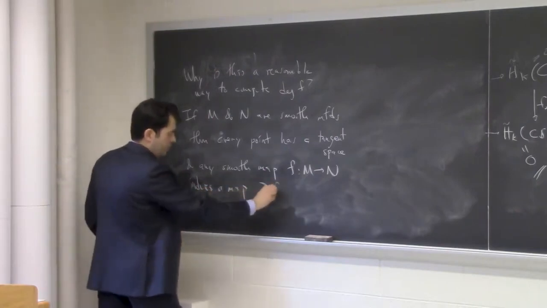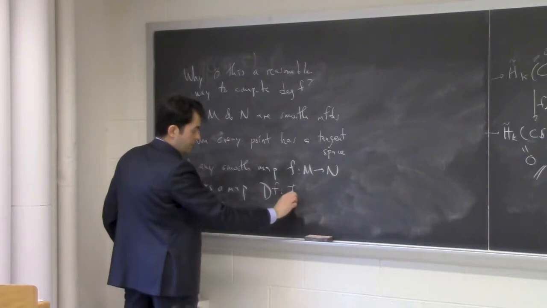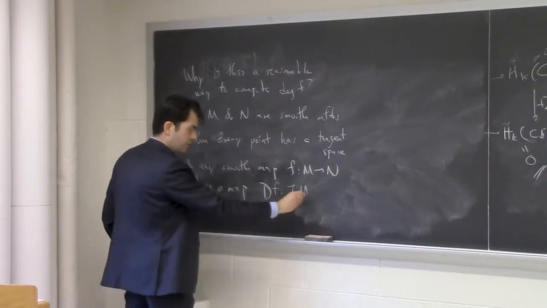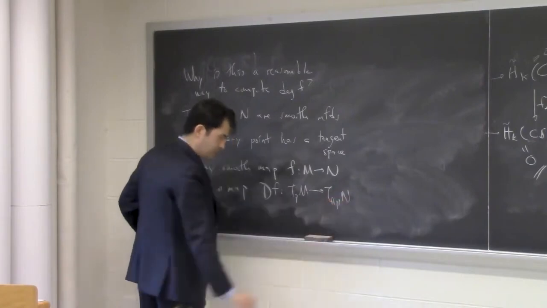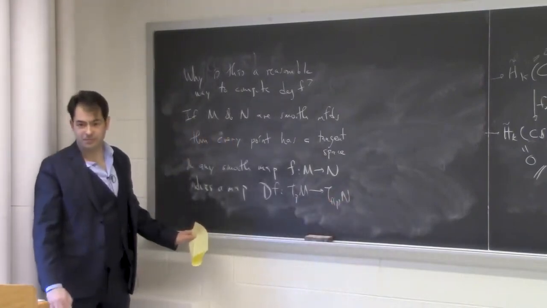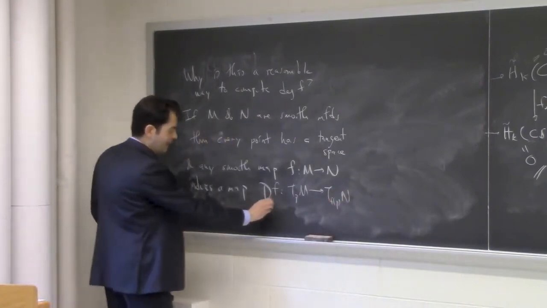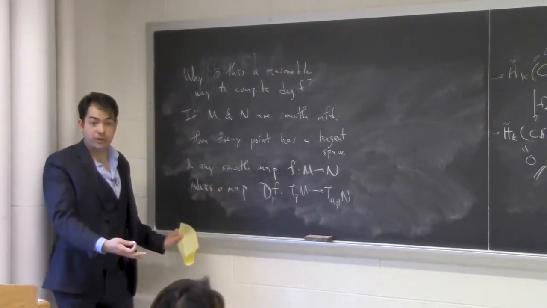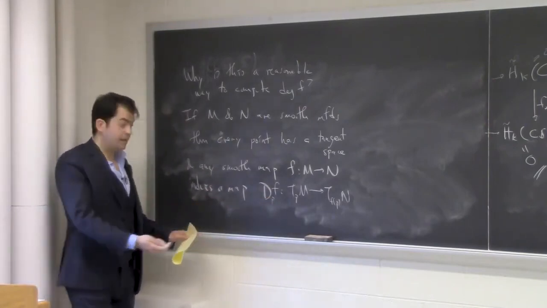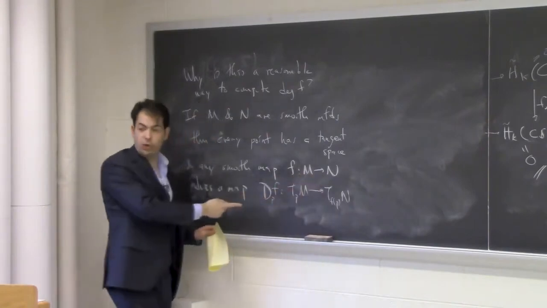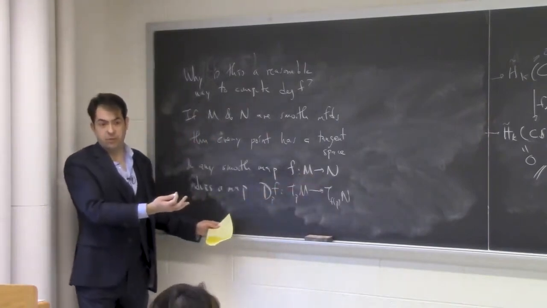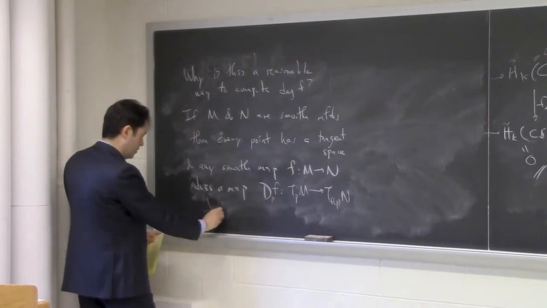Well, it has a derivative. It takes the tangent vectors at a point to the tangent vectors at the corresponding point. Okay? So in local coordinates, you're just looking at Rn. And in local coordinates, this is just some map from Rn to Rn, and this is just the Jacobian of that map. Right? So this is just the Jacobian in local coordinates.